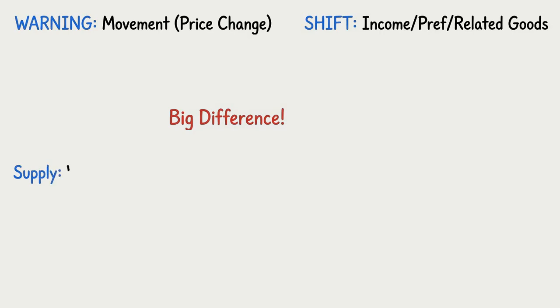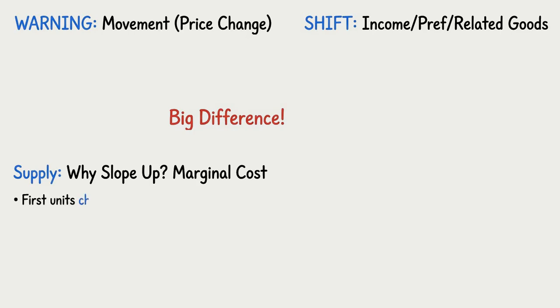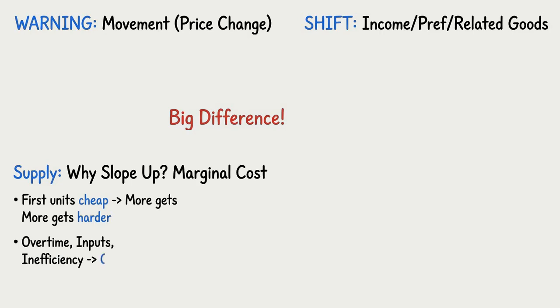Now, the supply curve. Why does it slope upward? Because of marginal cost. Producing the first few units of something is usually cheap, but as you produce more, it gets harder. You might need overtime labor, more expensive inputs, or less efficient machines. So the cost of making each additional unit rises. That's increasing marginal cost.